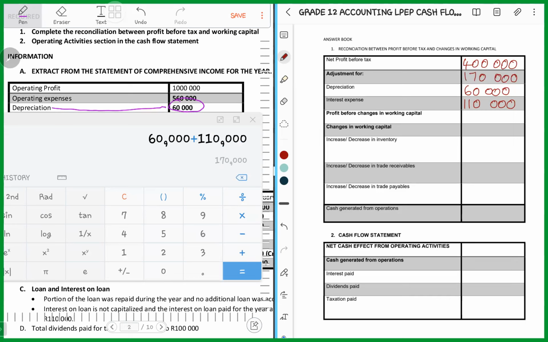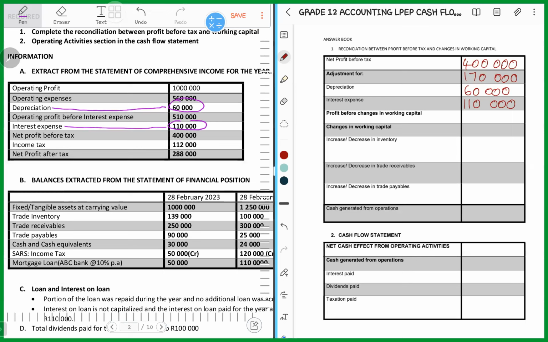Okay. Now to find the profit before the changes in working capital, we're going to take the net profit before tax and we are going to add it with the adjustments. So it will be how much? It will be 400,000 plus 170,000.